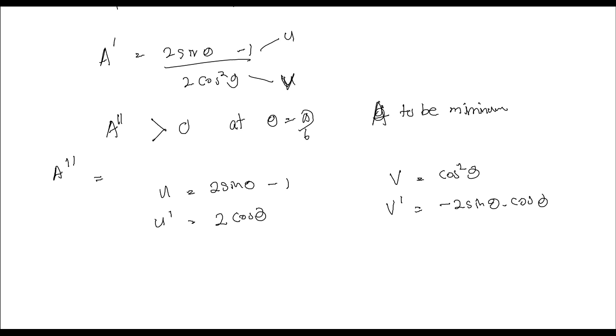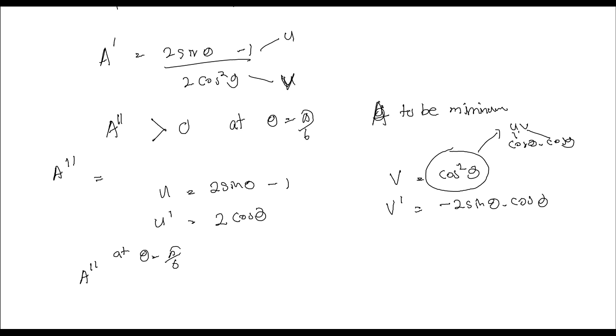If you are a 3-unit student, you know that, but if it's a 2-unit mathematics student, you need to do this again as a uv multiplication, which is cos theta times cos theta. Treat u as cos theta, v as cos theta. When you do that, you'll get to this. Now what we need to find is a double dash at theta equals pi by 6.